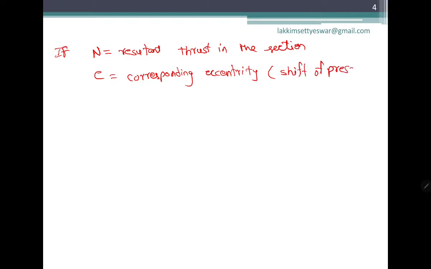This is the most important one. e is the corresponding eccentricity or shift of the pressure line.